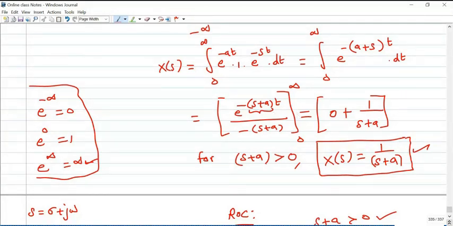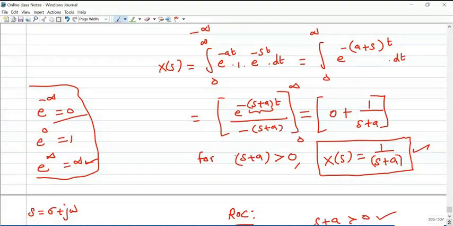If we are assuming s plus a term is a positive term, that is greater than 0, then minus into plus, you will get minus 1. So minus t, t replaced by infinite, e power minus infinite is 0.